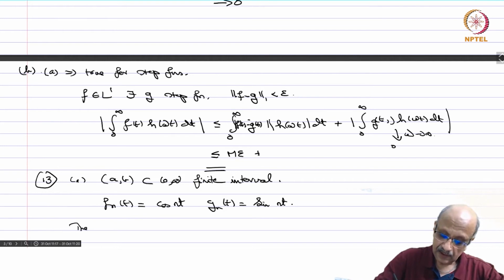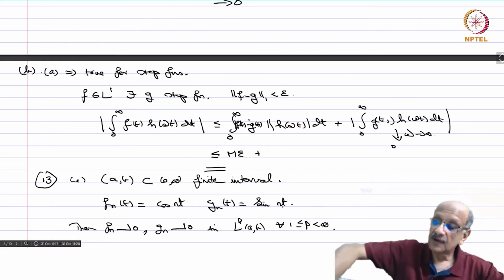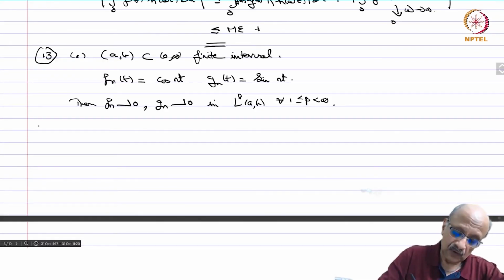Then f_n tends weakly to 0 and g_n tends weakly to 0 in Lp of AB for all 1 less than or equal to p less than infinity. So that is the solution.